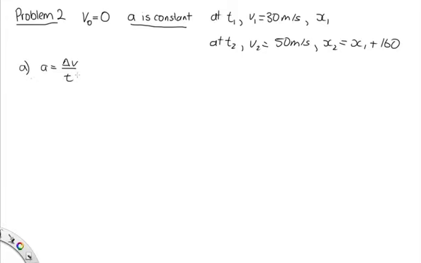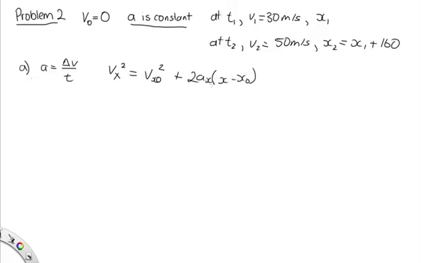Another way to do it is to use the formula vx squared equals vx naught squared plus 2ax times (x minus x naught). Now notice that all the subscripts here are x, which implies that this is just a one-dimensional case.